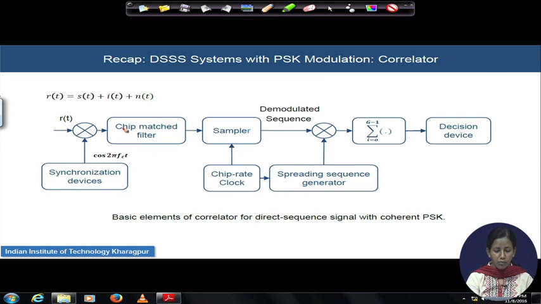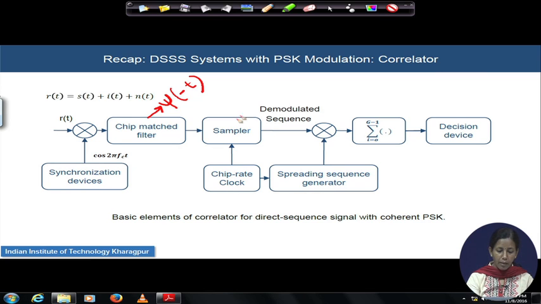The chip matched filter is designed in such a way that its transfer function is matched with the chip waveform psi(t), so its transfer function is psi of minus t. The output of the matched filter is sampled by the sampler. Remember, the sampler and the spreading sequence generator need to be in sync, which is taken care of by the chip rate clock.